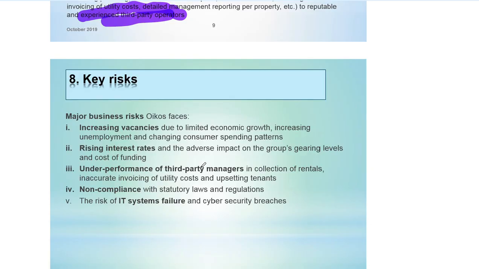Then the rising interest rate and the adverse impact on the group's gearing levels and cost of funding. So what does it mean? It's most likely that the banks, because of the market outlook, might increase the interest rates they are giving to Oikos. We don't have much information about that now. However, we're just thinking what would be the reason for the rising interest rate.